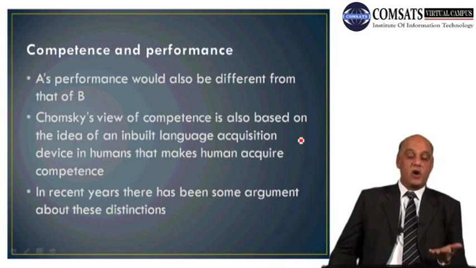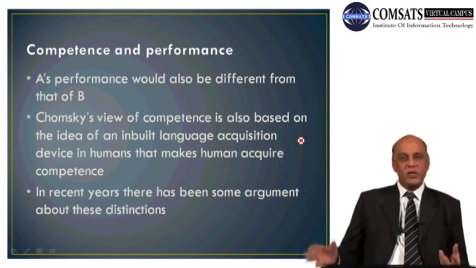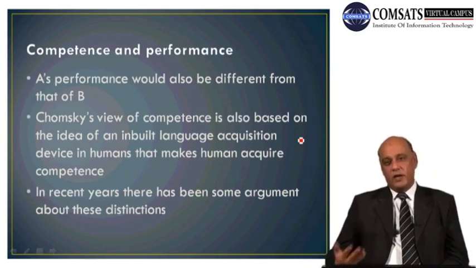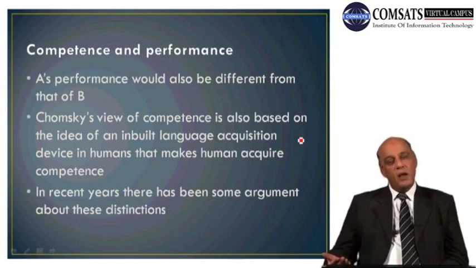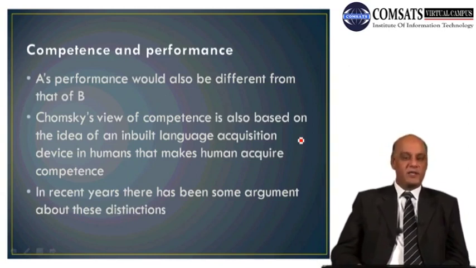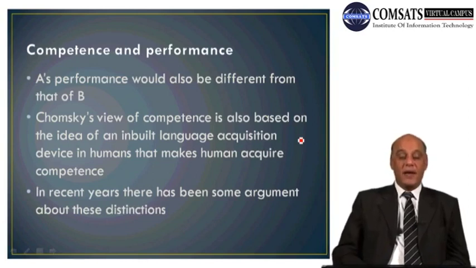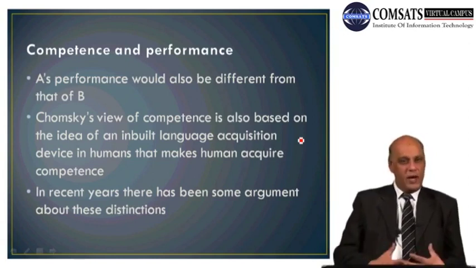There is an inbuilt device which helps an individual to acquire language, and that basically is the base of competence. So people's competence depends on the device, and is according to that device. Which device? The language acquisition device, the device which helps a person to acquire language.